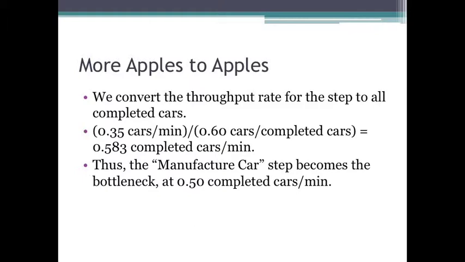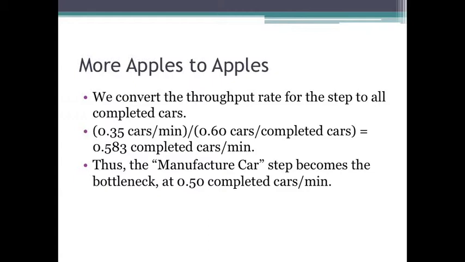In other words, 0.6 cars that go through that individual step divided by cars that the entire process completes. And when we do this, we find that we have 0.583 completed cars a minute. In other words, cars that the entire process completes per minute.